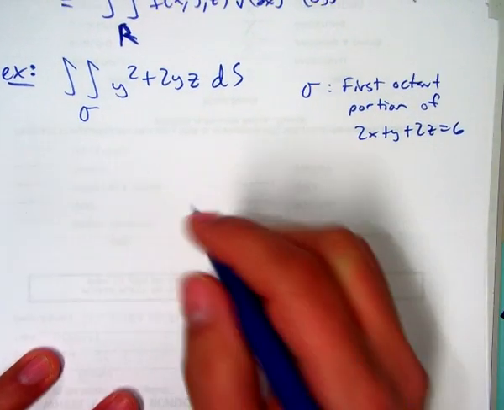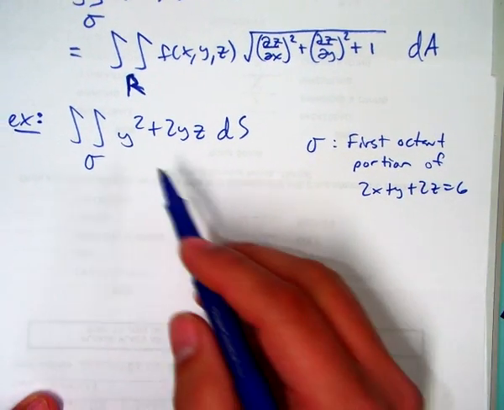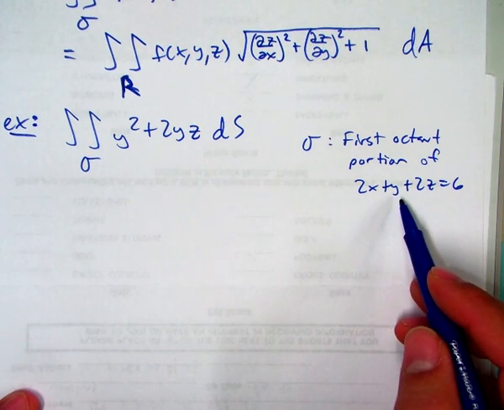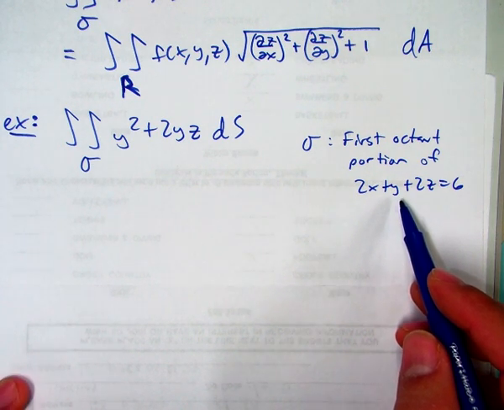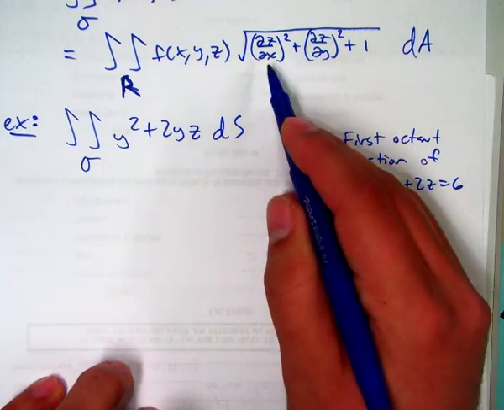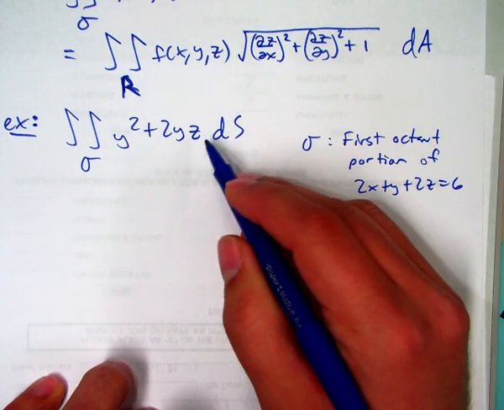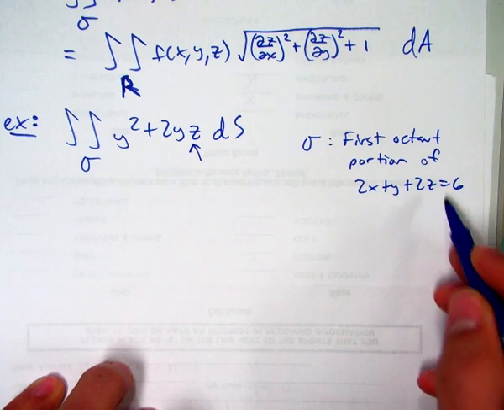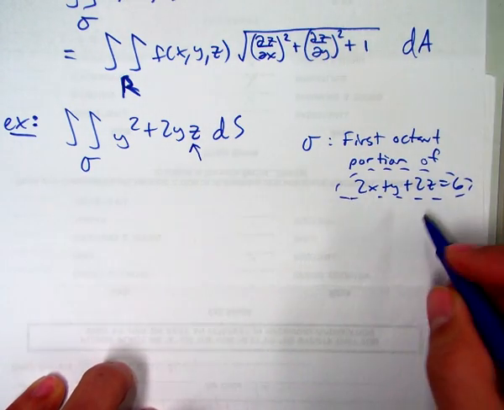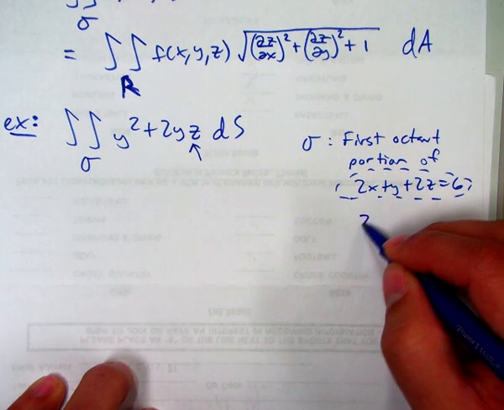So we know what y is going to be. Actually, sorry, let me backtrack. We know that y is good because we want x's and y's in the formula here. What we don't want is z. But the equation for the plane tells us that z is what?